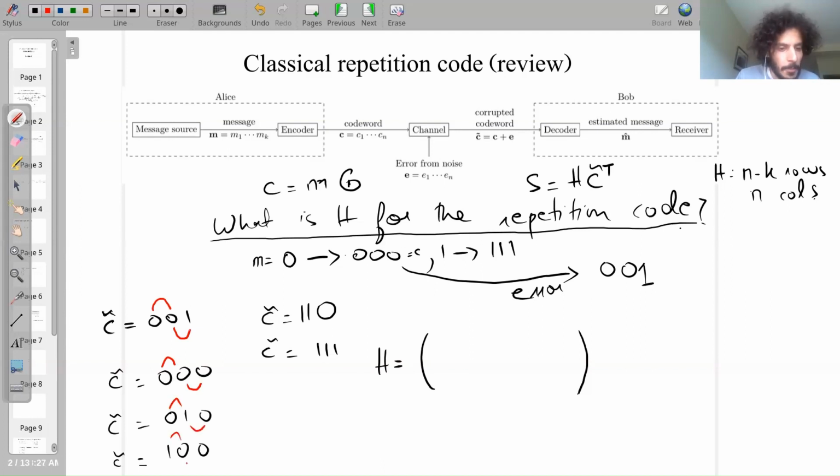So you can see what will happen. If you look at the no error case, and things are completely symmetric for 111, it doesn't really matter. You can see that if you compare the first two guys, they will be the same, and if you compare the last two guys, they will be the same. That might be an indication that there's no error.